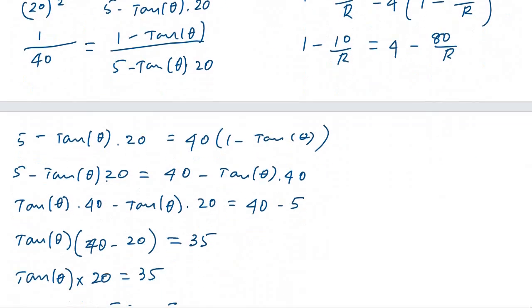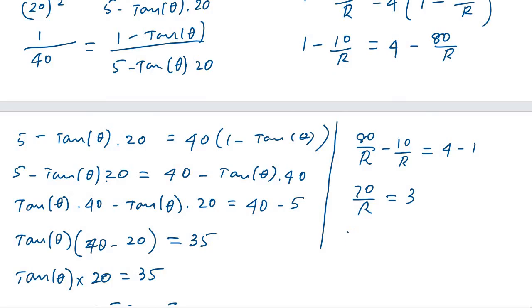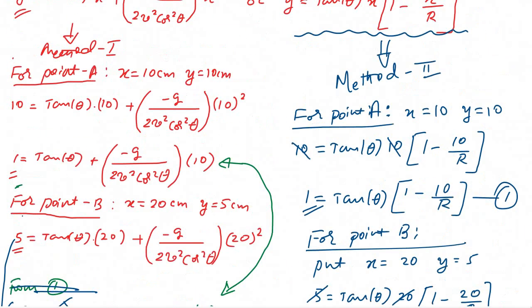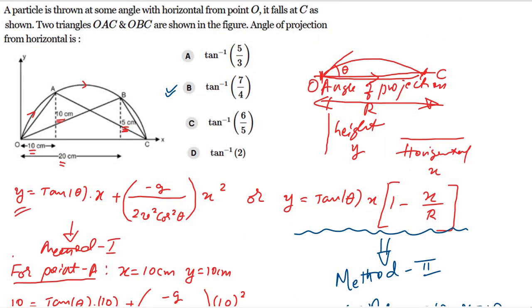Going further, rearranging, I do 80 divided by r minus 10 divided by r, bringing the terms containing r on the left hand side and those without r on the right hand side. So it is 70 by r equals 3. Else I get r equals 70 divided by 3 centimeters. So I get r, but I don't need r in this question. Actually, I need theta, the angle of projection.